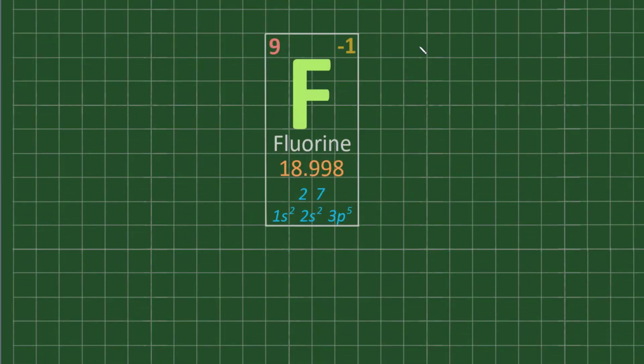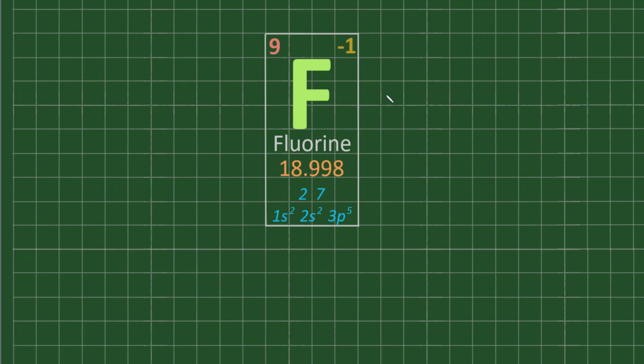Okay, so here we have a magnified version of the periodic table of the elements. Please note that different periodic tables might present this information slightly differently, but the general layout will be fairly similar.